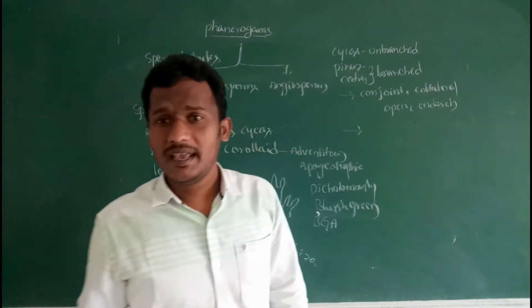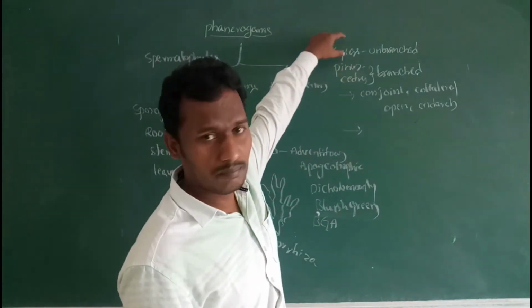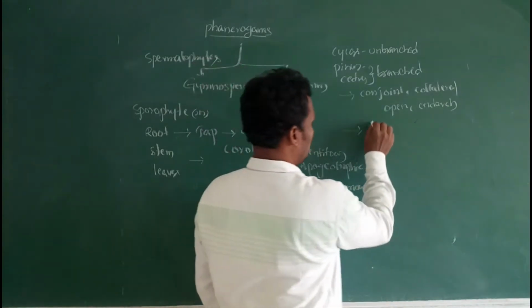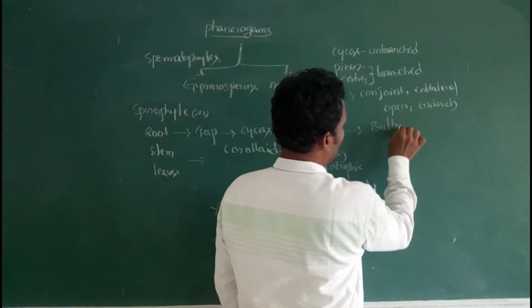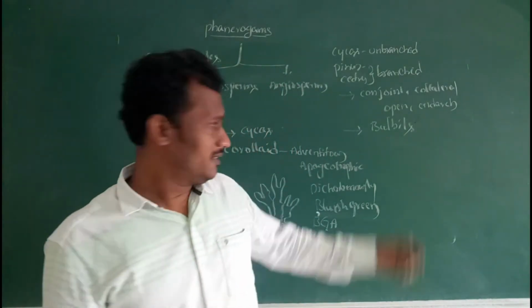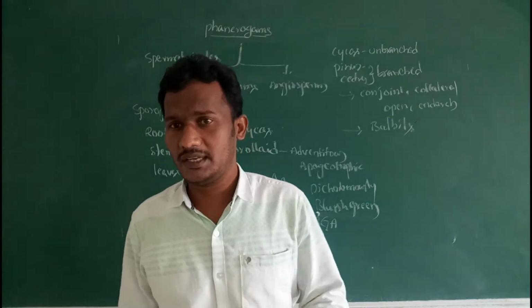At the base of the stem in some gymnospermic plants, the first example being Cycas, vegetative buds are present. These buds are known as bulbils, and they are useful for vegetative reproduction.